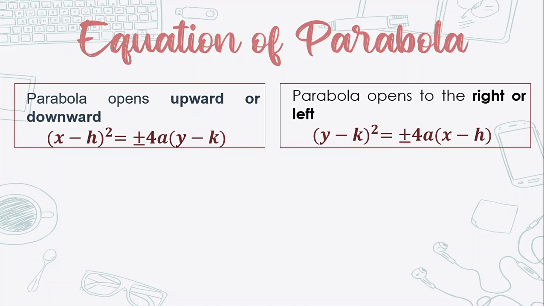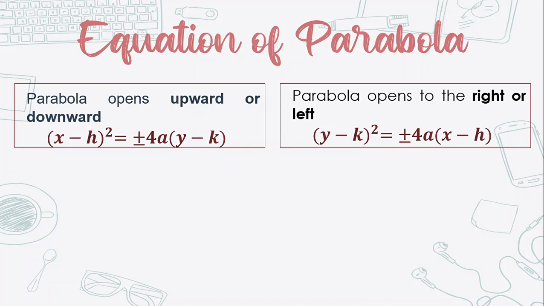If our parabola opens upward or downward, our x will be squared. And if our parabola opens to the right or to the left, the squared one is the y variable. So that is how you can determine if your parabola will open upward or downward or to the right or to the left.